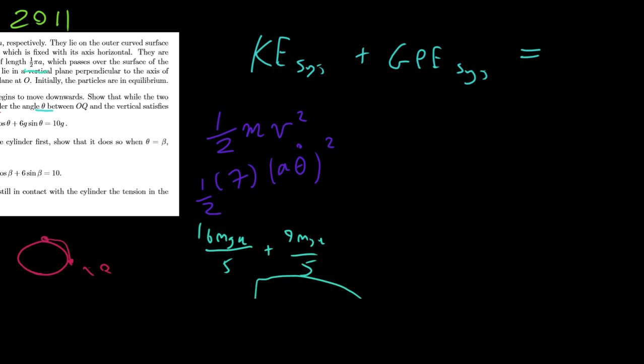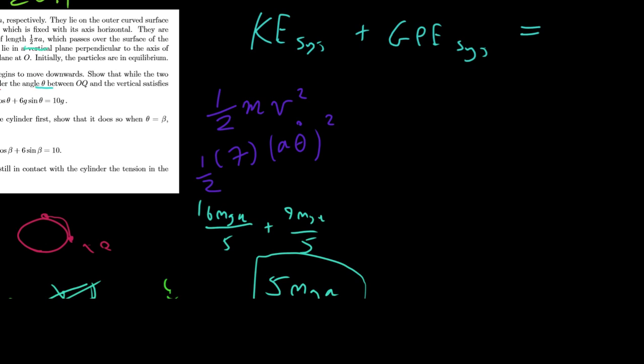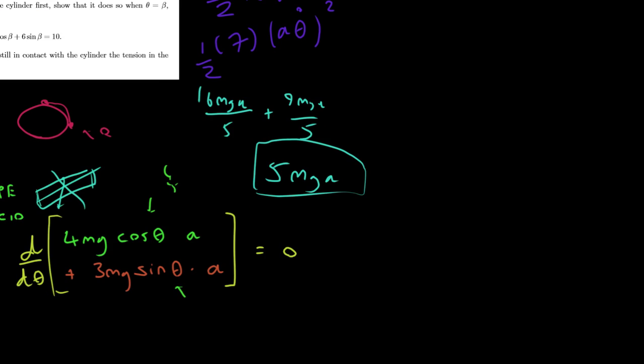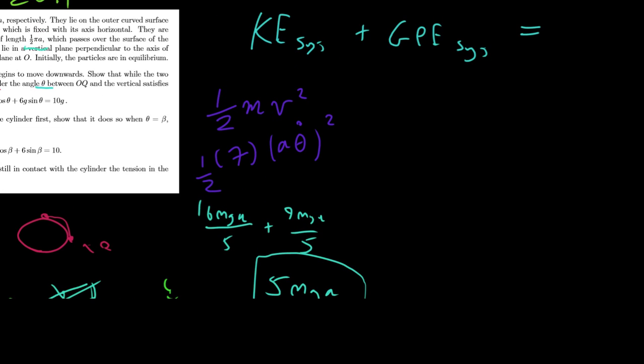So that's an expression for the kinetic energy of the system. And for the gravitational potential energy of the system, I have that expression there. So that's 4mgA cos theta, and this time theta is varying. Okay, so we have all of that.